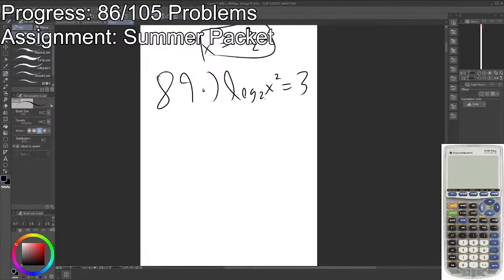Okay, well. This is saying that 2 to the power of 3 equals x squared, I think. I'm thinking.